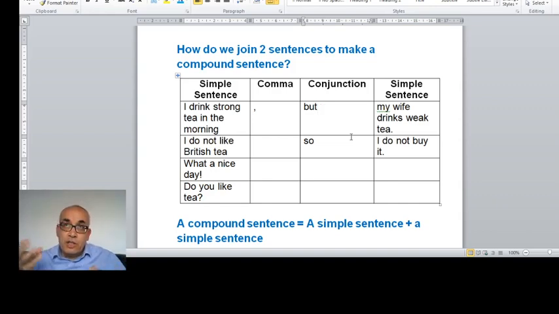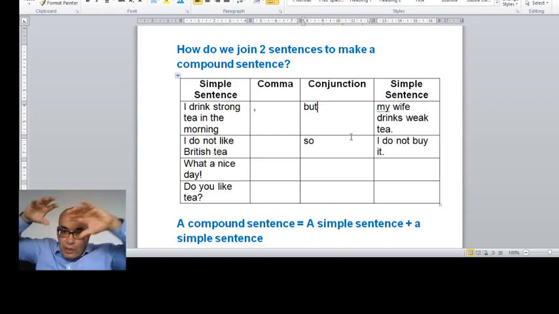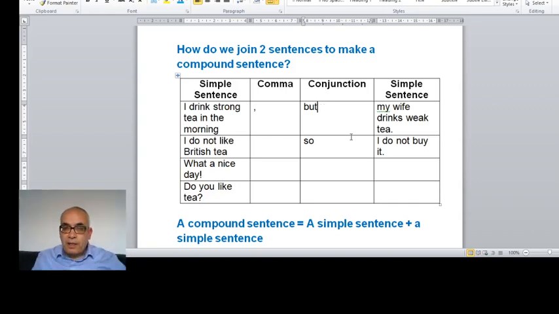Now this conjunction is like cement. If I am building a wall like this wall, you put one stone, another stone, you need cement between them. If you put one stone, another stone, no cement, the wall is going to collapse. It will be going down. So you need cement.